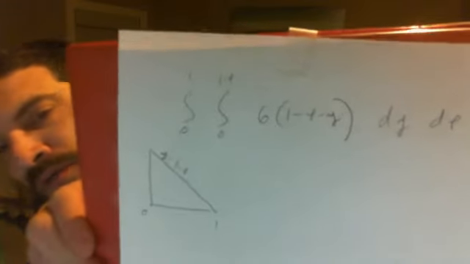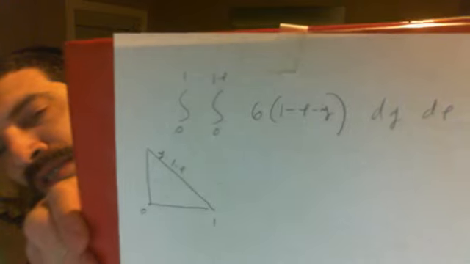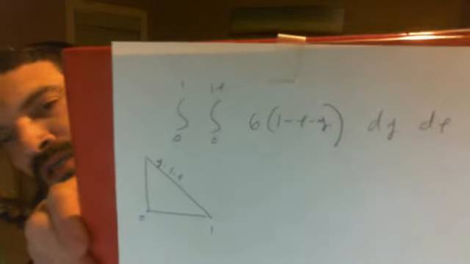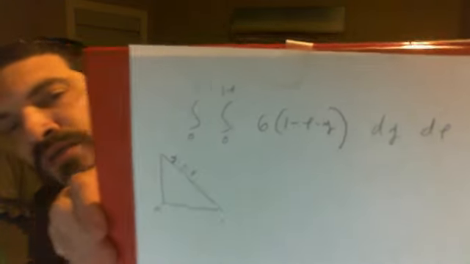It goes from 0 to 1, and y is equal to 1 minus x. And this is the integration that equals 1. So here is the problem we would like to do now.